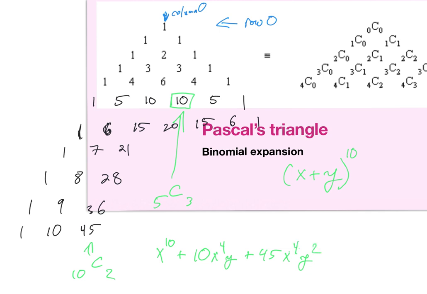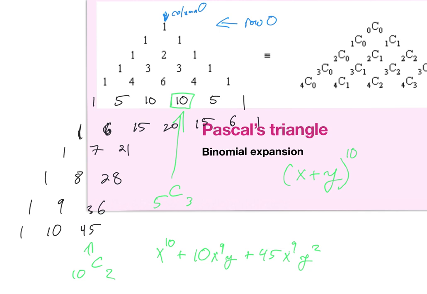Why am I getting 4? That 10, that should be a 9. I'm getting myself all confused here. x to the 9th, y to the 1st. x to the 9th, y squared.